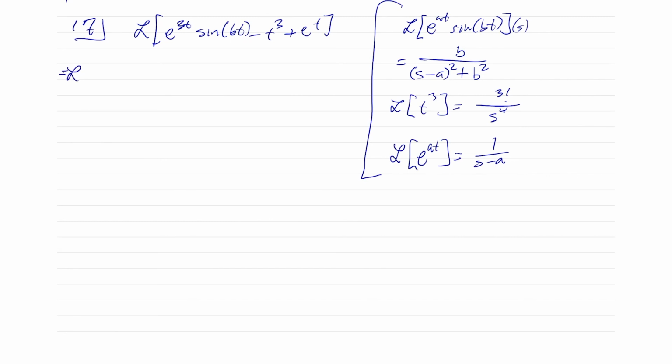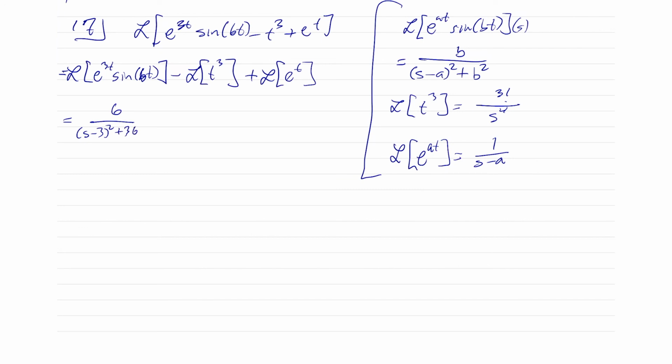This is equal to the Laplace transform of e to the 3t sine of 6t, minus the Laplace transform of t cubed, plus the Laplace transform of e to the t. The first one is 6 divided by (s minus 3) squared plus 36.